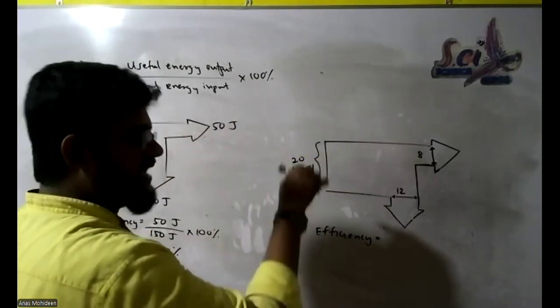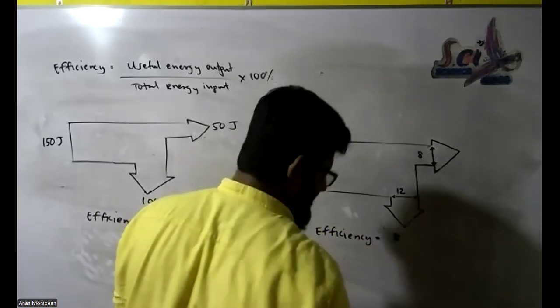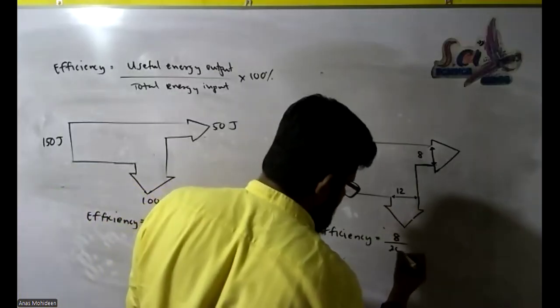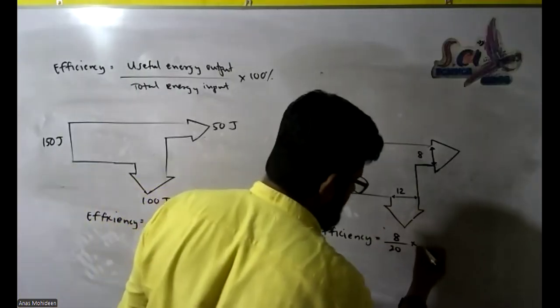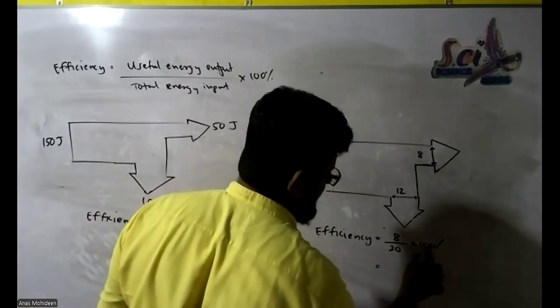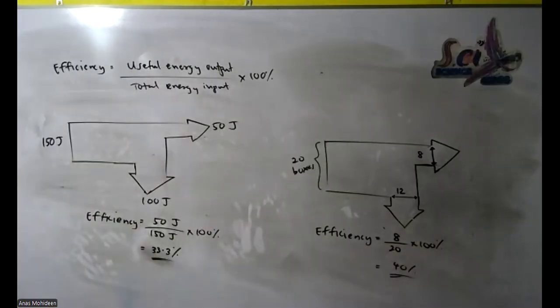Efficiency is useful energy, 8 boxes, divided by total energy, 20 boxes, into 100%. So 8 into 5, 40% is the efficiency.